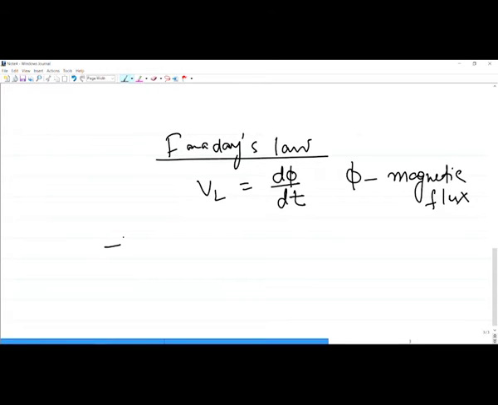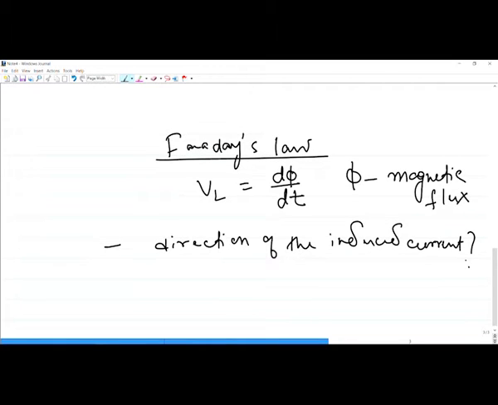Then there was a question as to what the direction of the induced current will be. We saw that the answer can be found using another law, Lenz's law, which states that the direction of the induced current will be such that it will oppose any change in the primary magnetic field which induced the current.